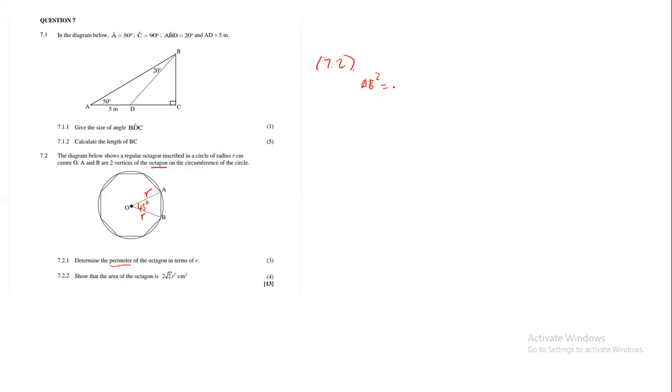So it's R squared plus R squared minus 2 times R times R times cos of this angle over here, which is 45 degrees. If you forgot these rules, guys, please raise your hand so that I can go back a little bit and explain how they work. On this side of the equation, we have AB squared.